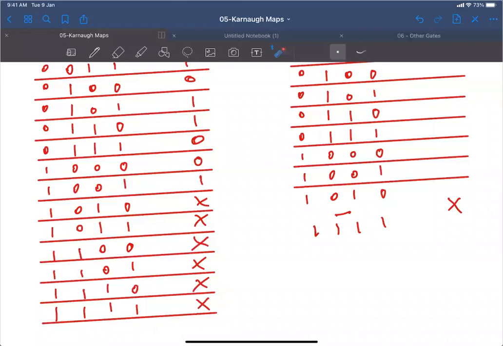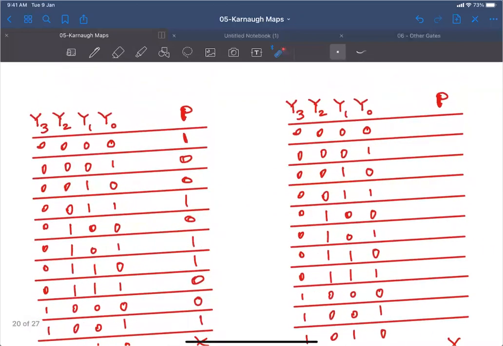It's the problem of whoever is feeding the circuit. So now let's see if my calculation of the parity is correct or not.